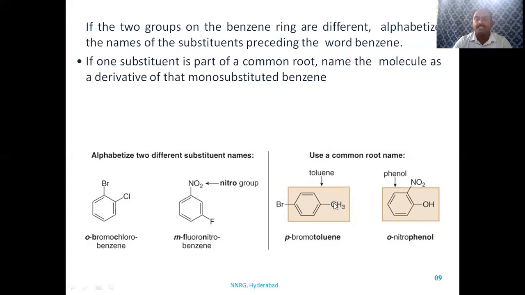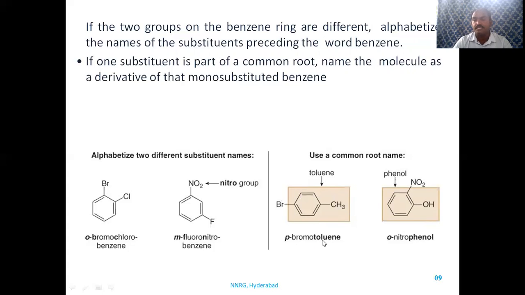We know that methyl with benzene is toluene. So this forms a toluene molecule, and bromine acts as a substituent. The bromine is at the para position, so we call it para-bromotoluene. If the bromine is at the ortho position, we call it ortho-bromotoluene. If it is at the meta position, we call it meta-bromotoluene.